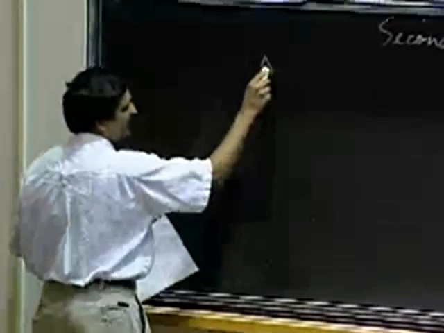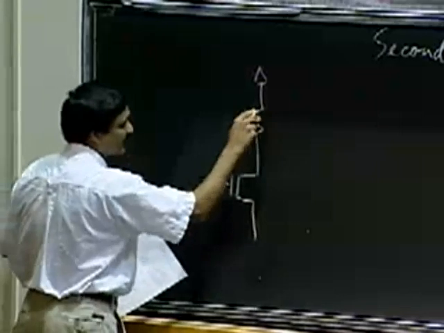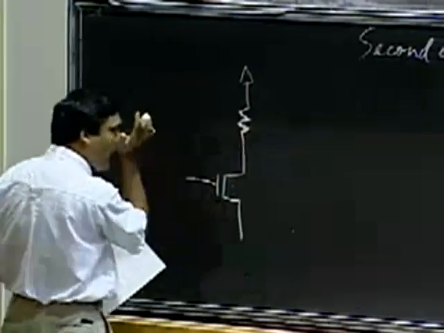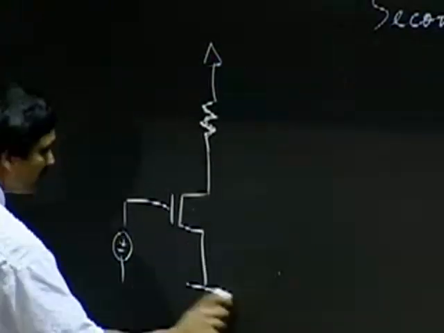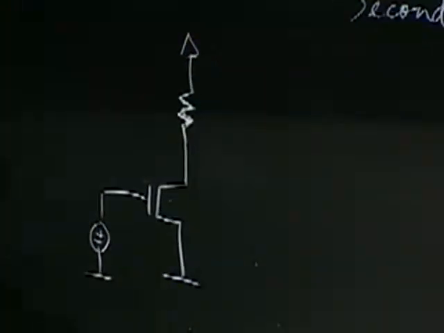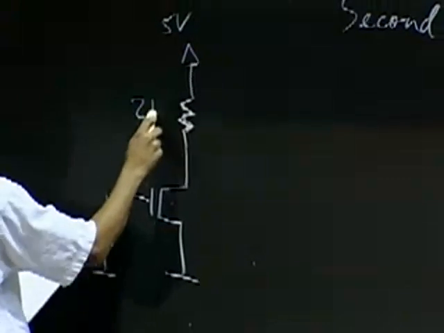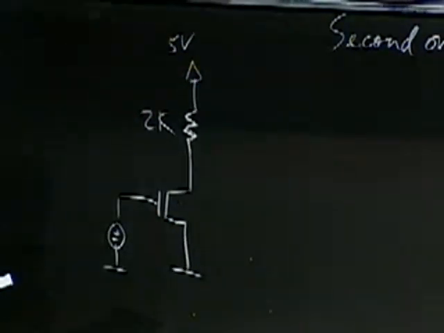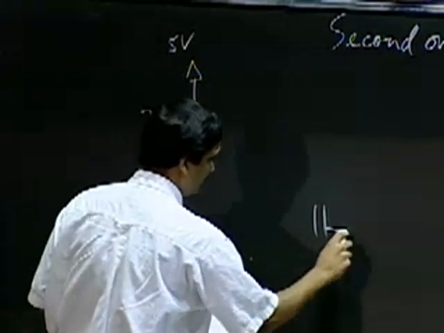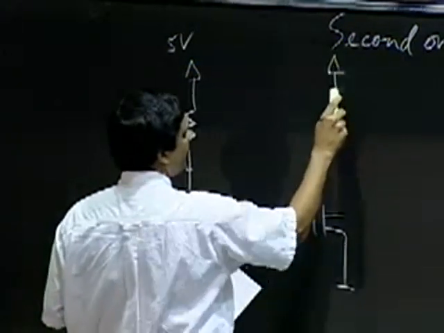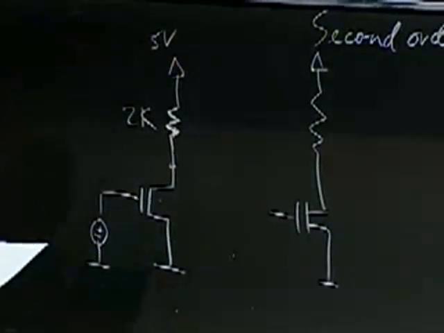Let me draw the circuit. Here is one inverter. This is, let's say, 5 volts, and this is, let's say, 2 kilo ohms. And I connect the output of this inverter to a second inverter.